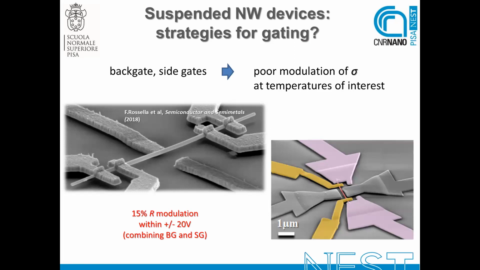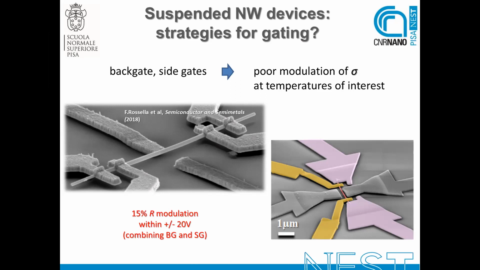And unfortunately, by recurring to conventional gating methods, like, as I've shown, using the substrate as a backgate, what you get in the temperature intervals that can be of interest for thermoelectric applications, so say from room temperature above, is a very poor gating efficiency.